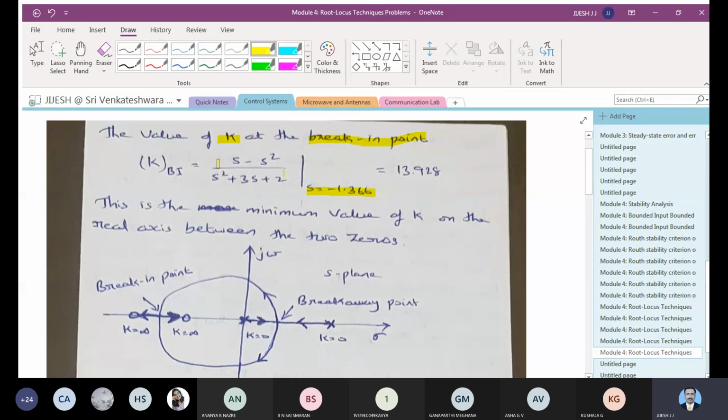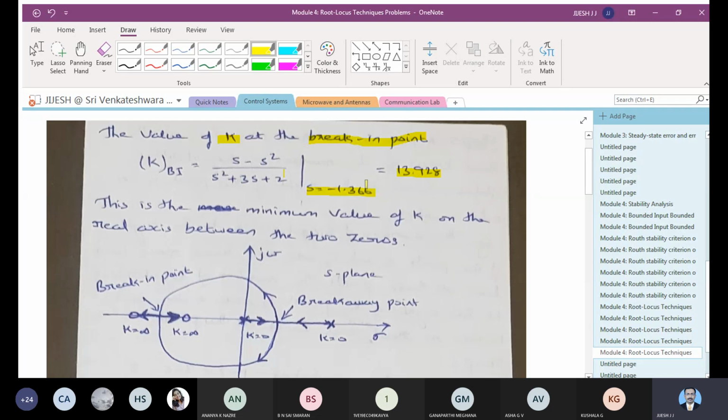So k you get as minus s square divided by s square plus 3s plus 2. So substitute s is equal to minus 1.366. When you do the substitution, you get the value of K as 13.928. This is an example.